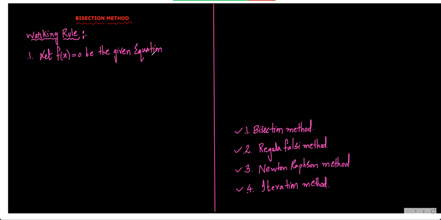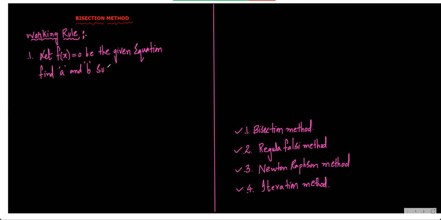Now we have to assume that A and B are its solution. Find A and B, assuming that A and B are the solution.